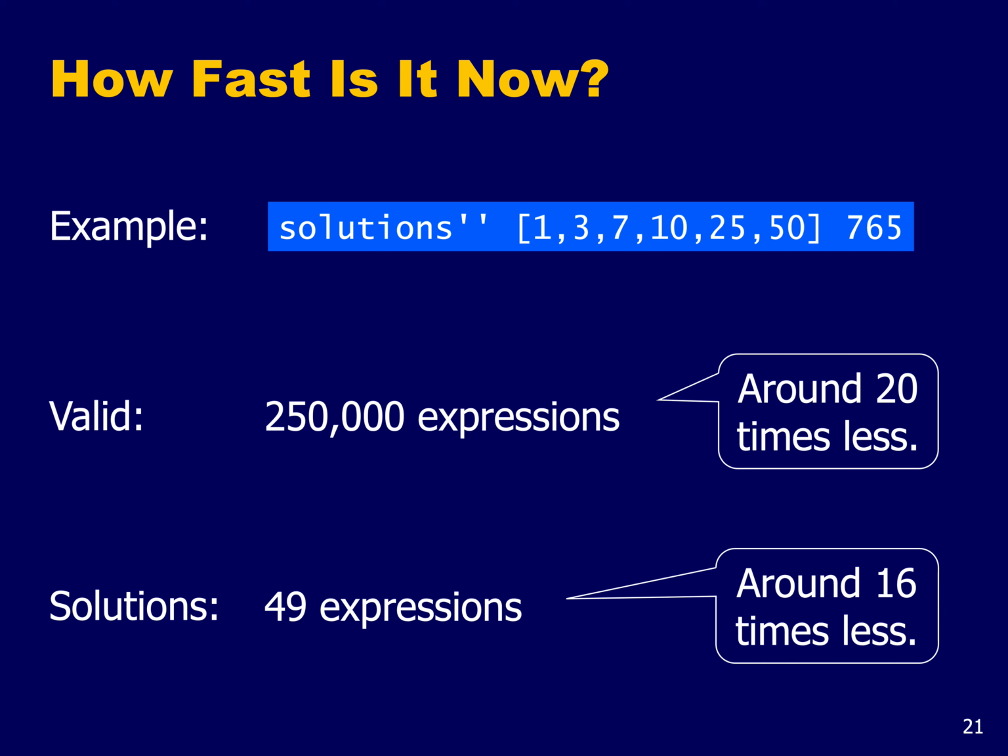This time around we have about 250,000 expressions which are valid, which is about 20 times less than we had previously. And now the number of solutions has also decreased dramatically. We now have 49 expressions which solve the problem, which is about 16 times less than what we had before.